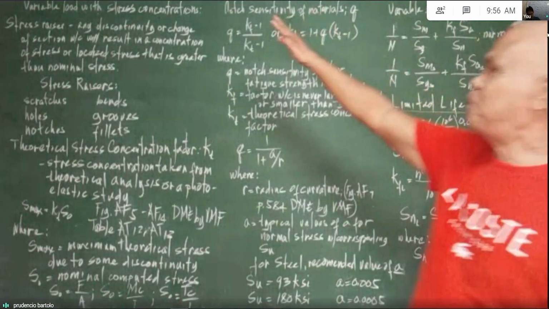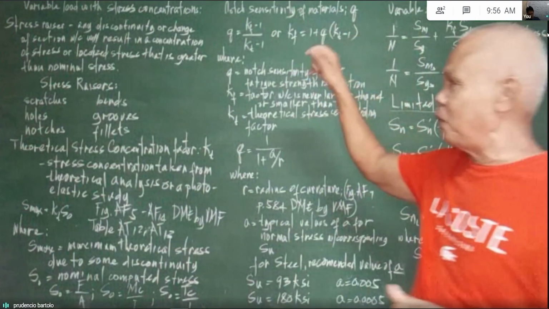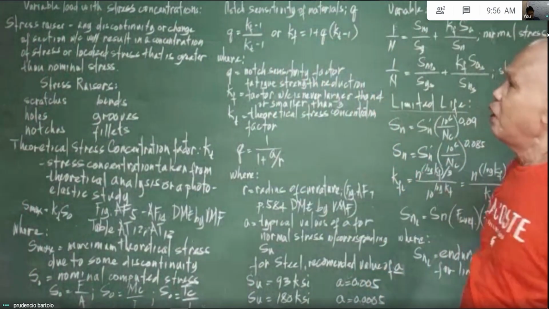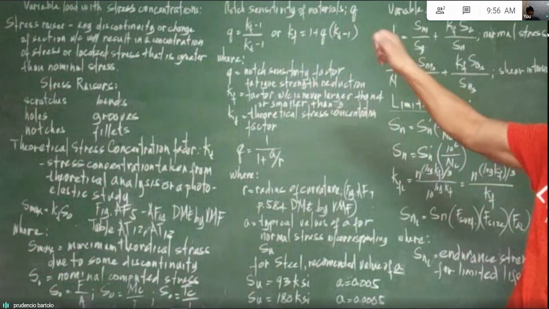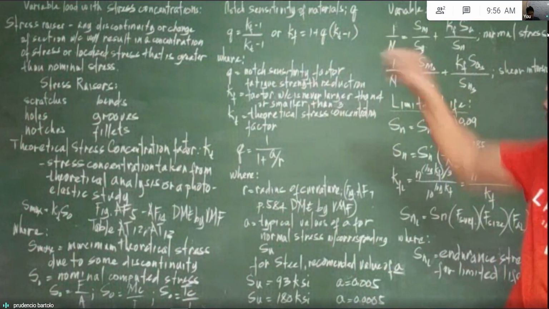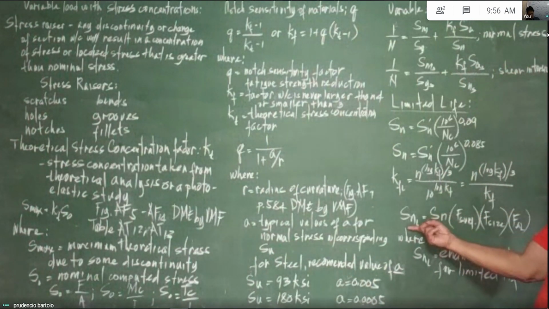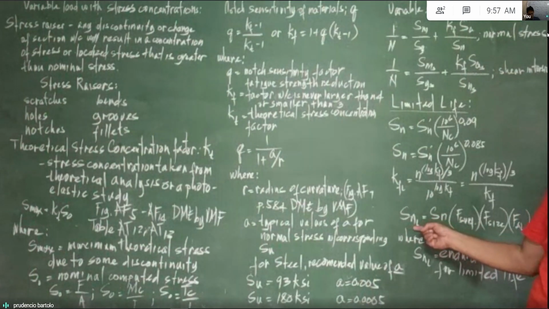Before, for variable loads without stress concentration, we have already taken the value of the endurance strength. Here, what will still be considered is the endurance strength for limited life.